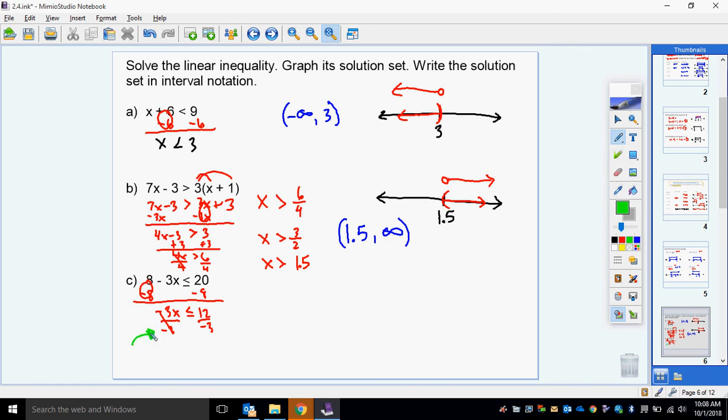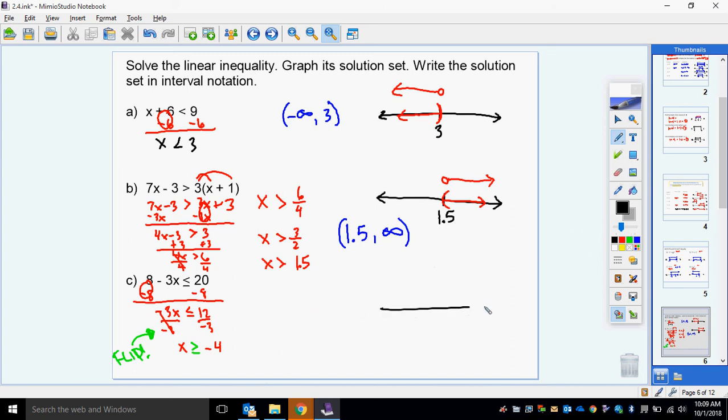When you're dividing or multiplying on both sides of the inequality, you need to flip the direction of your inequality symbol. So the inequality symbol was less than or equal to. Now my inequality symbol needs to be turned the other direction, greater than or equal to. So x is greater than or equal to negative 4. Okay, I'm not flipping anything else, just the direction my arrow is going.